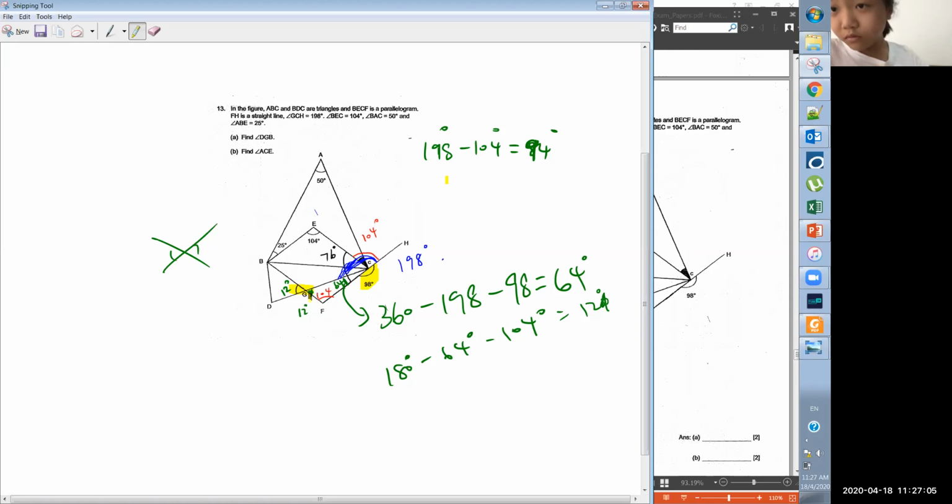Okay. Next, ACE. Where is ACE? ACE is here, the black color one. Okay. So how do you find the black color one? You can find out this, right? But this question doesn't look right to me.